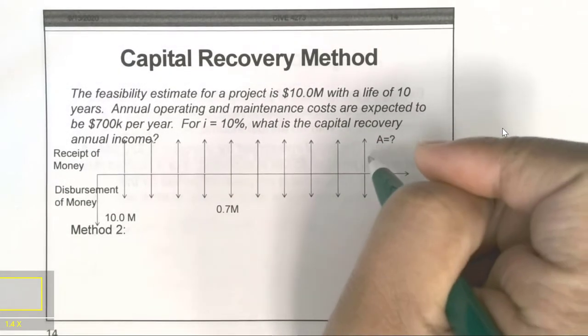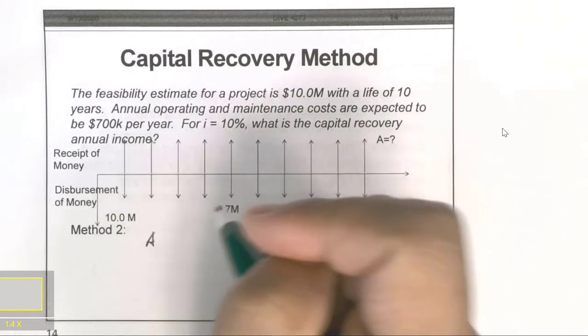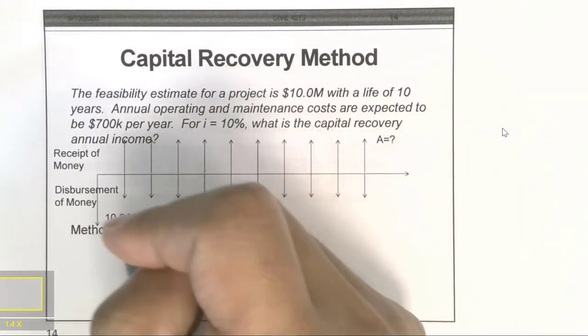Similar for the incoming money, that's A. We try to convert everything to annual. We just annualize everything.